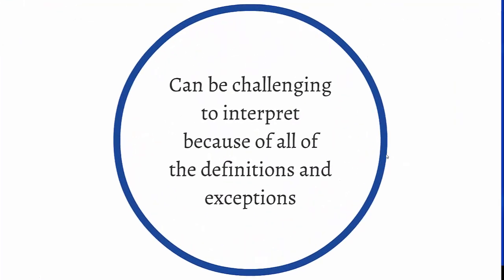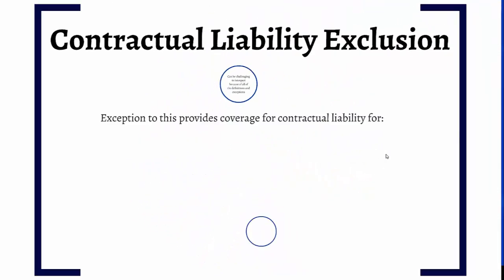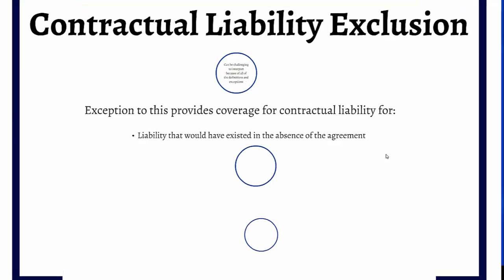Contractual liability. This can be challenging to interpret because of all of the definitions and exceptions. The exception to this provides coverage for contractual liability for liability that would have existed in the absence of the contract or agreement.